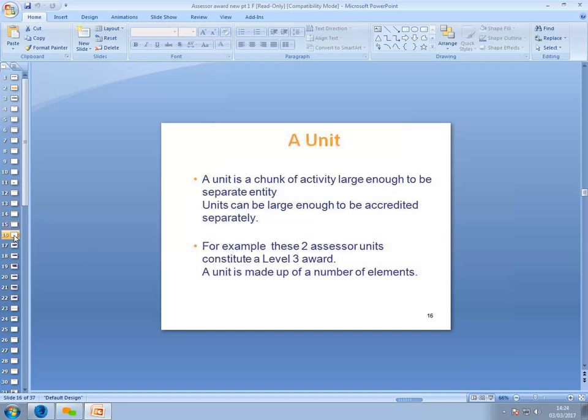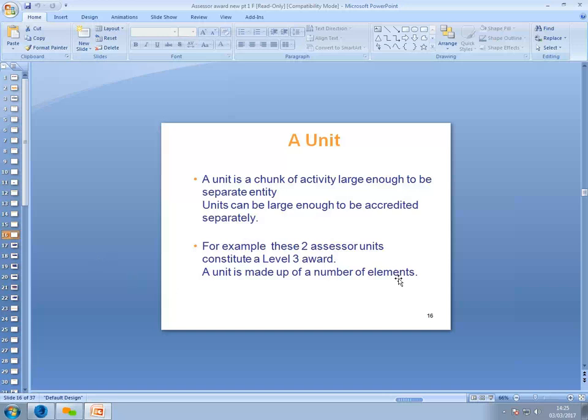A unit is a chunk of activity large enough to be separate on its own. Units can be large enough to be accredited separately. You are doing 2 units in this case, and those 2 units form a complete award. Again, the assessed units is 2 units and constitute a complete award.